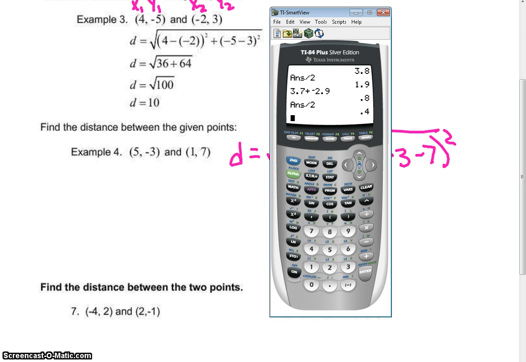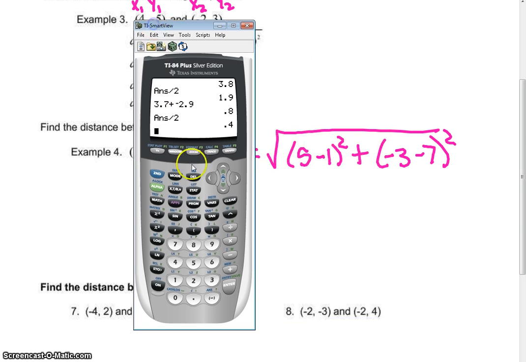Do not put all of it in the calculator at once, okay? Do it without putting it under the square root symbol would be my suggestion. So open 5 minus 1 close squared plus open negative 3 minus 7 close squared, and you get 116.